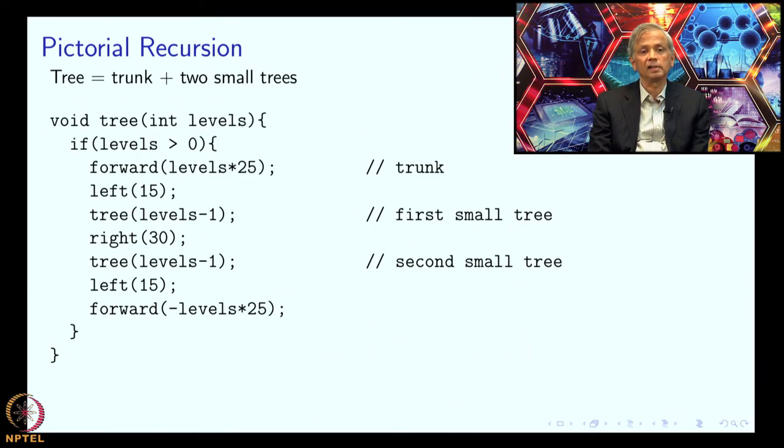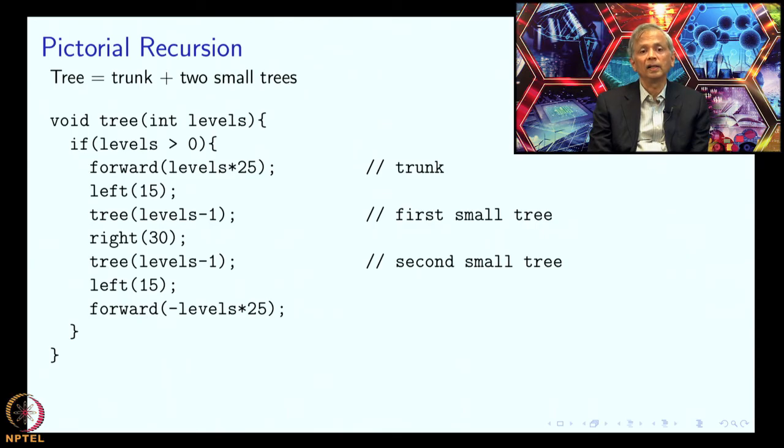Then the turtle turns left and then draws a tree with one less level, or it draws the first smaller tree. Then the turtle comes back and now you turn again. This time you compensate for the 15 degrees you turned left, and you further turn 15 degrees to the right, and you draw a second smaller tree.